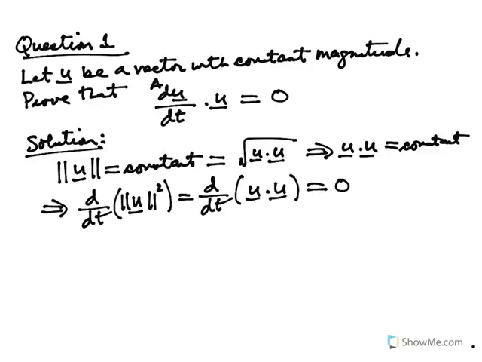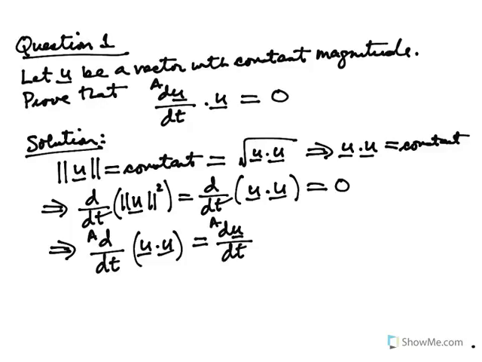And the rate of change of U dotted with U can be taken in any frame because U dotted with U is a scalar. So that implies that I can take the rate of change in any reference frame, so I'm going to arbitrarily take the rate of change in frame A. That gives me d dt in A of U dotted with U, which is equal to du dt in A dotted with U plus U dotted with du dt in A, and that's equal to 0.